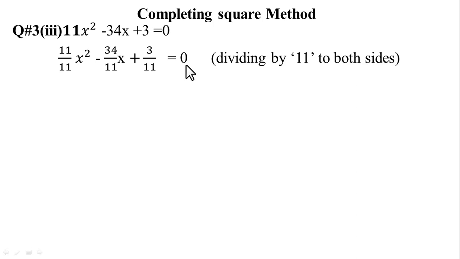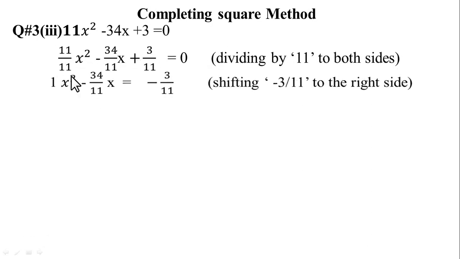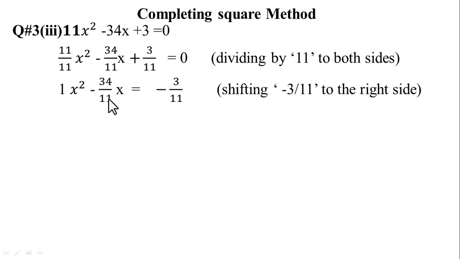Now we arrange the values. Then x² - (34/11)x = -3/11, because we shift the constant term, 3/11, to the right side.